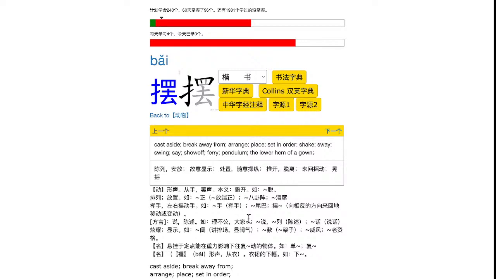And the second meaning is to arrange, place, set in order. So basically, you arrange something or put anything in order. 比如说摆正, 摆放端正, that means you put everything in order neatly and nicely.